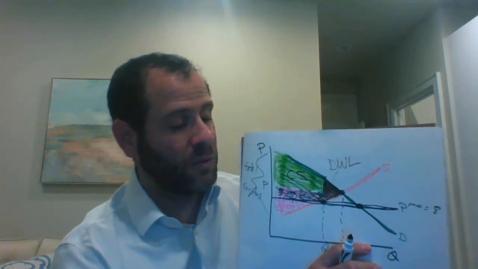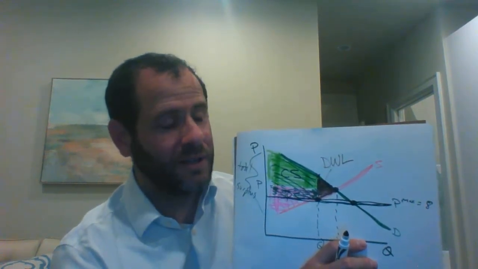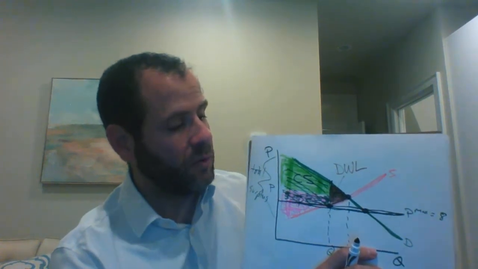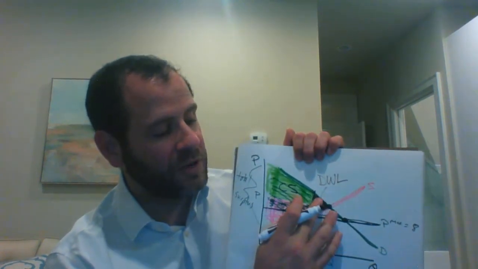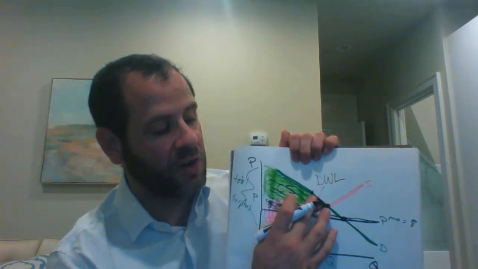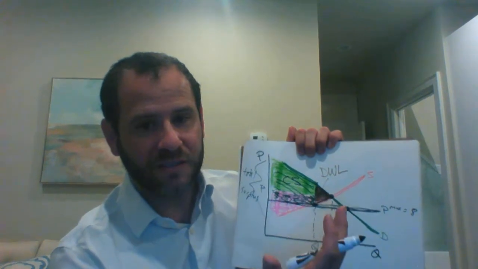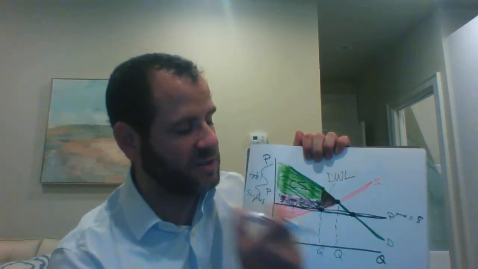So this is, when we talked about efficiency before, deadweight loss is inefficient. Why? Well, because we've made both consumers and producers worse off by taking away this whole area of benefits that people would get from transactions in the marketplace.